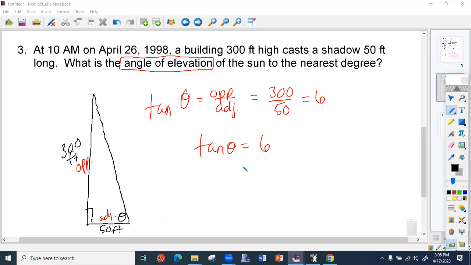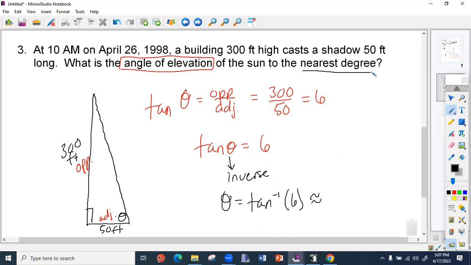Inverse. Because we do not know our angle, we need to use the inverse. So to get theta by itself, theta equals tan inverse of 6. This is my exact value. The calculator is going to help me find my approximate nearest degree.